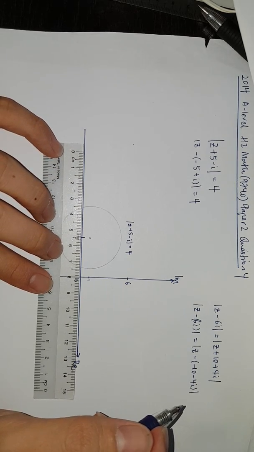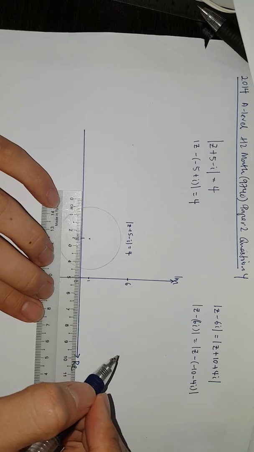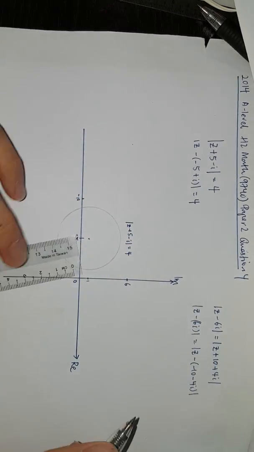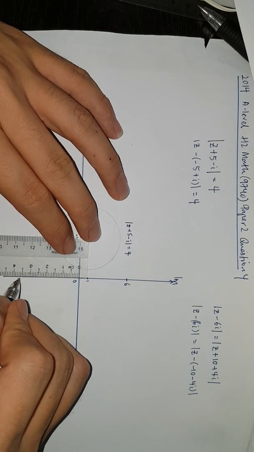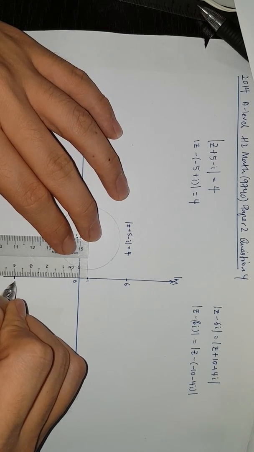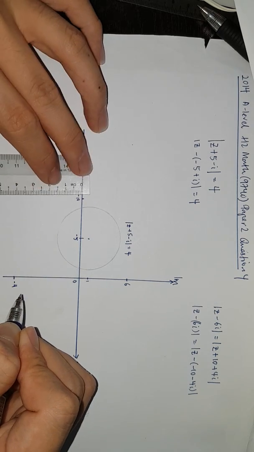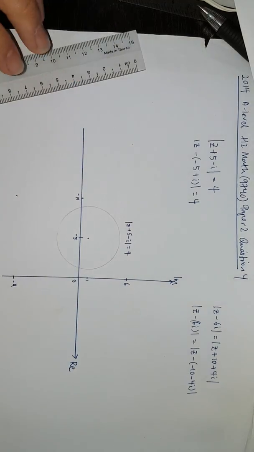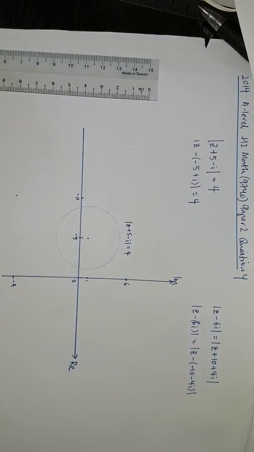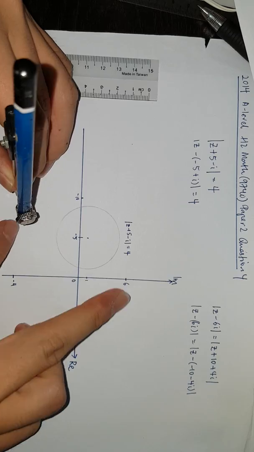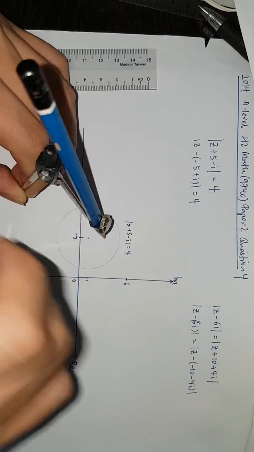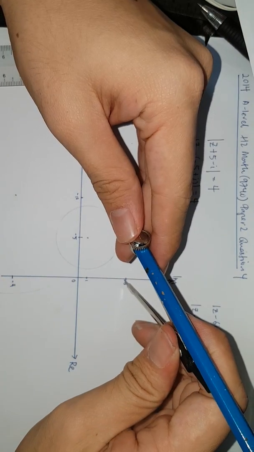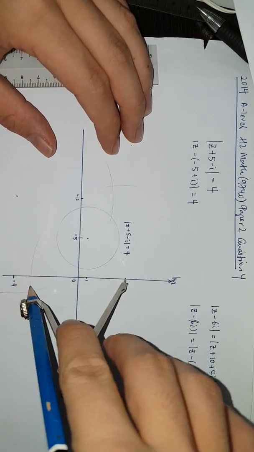So -10 would be 5 cm, -10, and -4 is here, roughly about here. Now you're going to draw a perpendicular bisector of these 2 points, this line segment over here. So sketch, sketch, and over here, sketch and sketch.